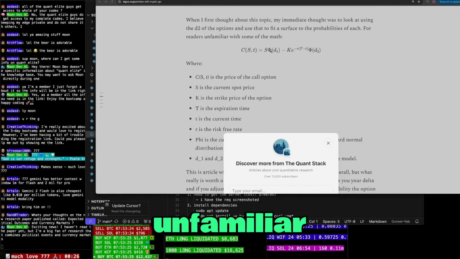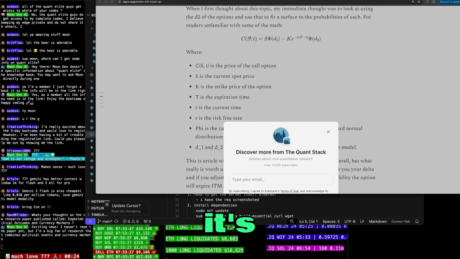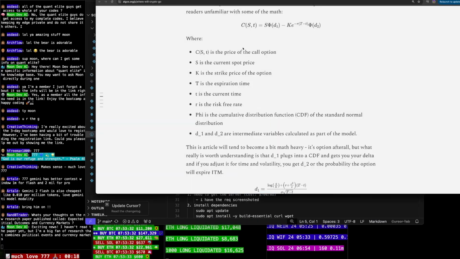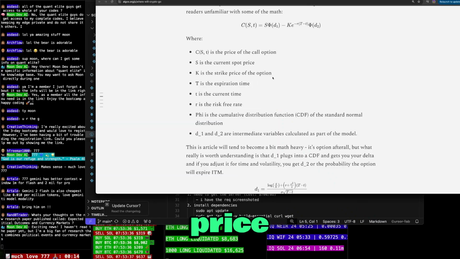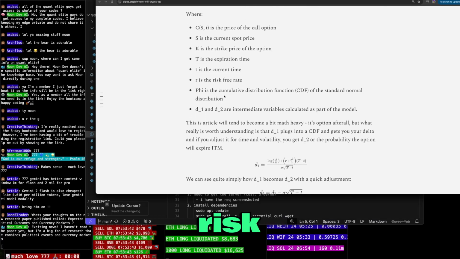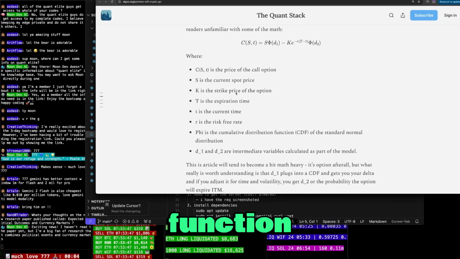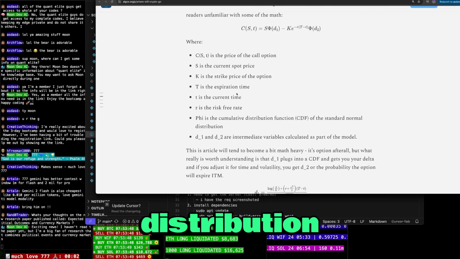For readers unfamiliar with some of the math, it's this math where C is the price of the call option, S is the current spot price, K is the strike price of the option, T is expiration time, t is the current time, r is the risk-free rate, and N is the cumulative distribution function of the standard normal distribution.